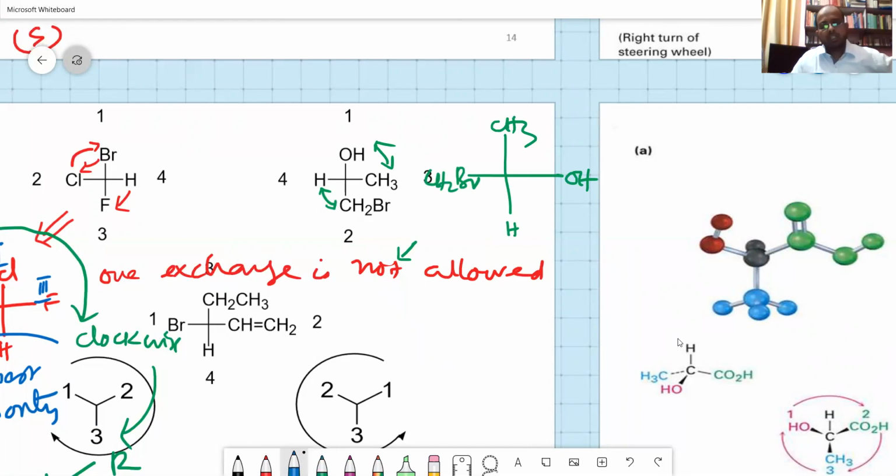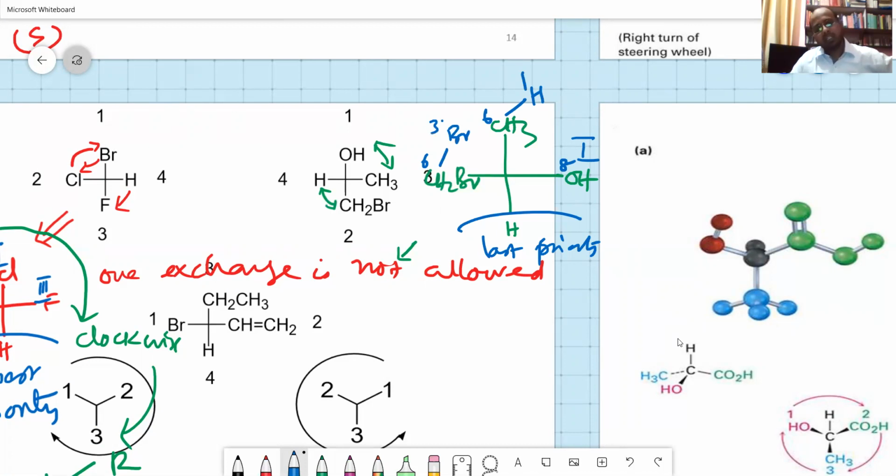Now, as per the priority rules, last priority is hydrogen. Okay, next is you have to mention the atomic number. This is 8, this is 6, and this is 6. 8 will get first priority. Between the two 6s, you have to choose what is the next atom attached. Here, next atom attached is H, which is 1. Here, next atom attached is Br.